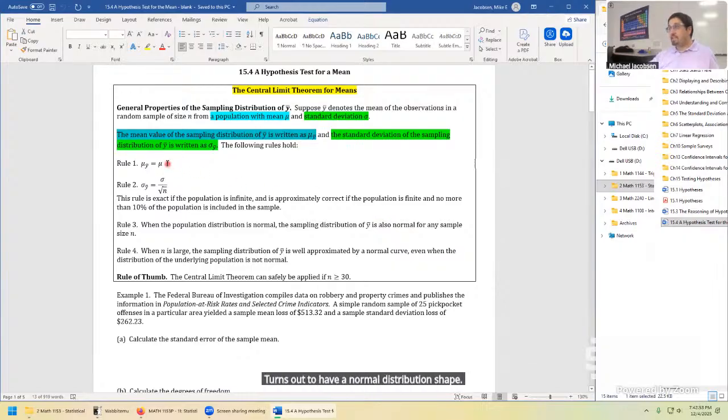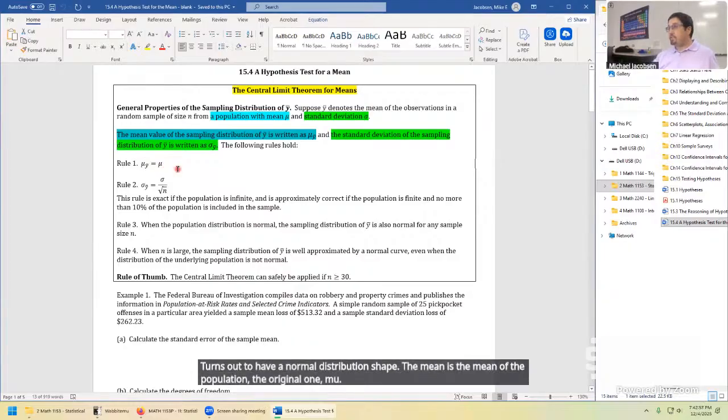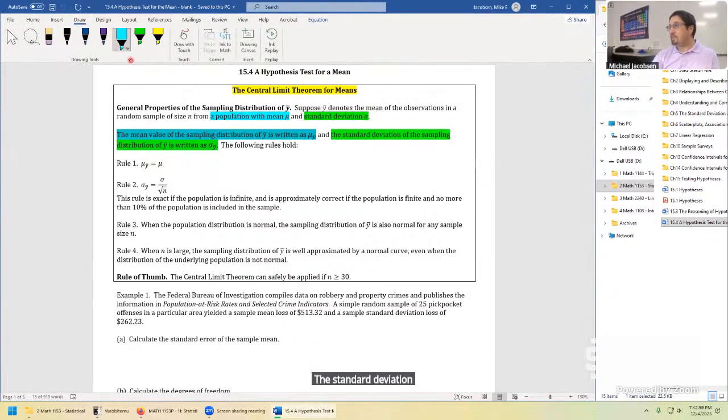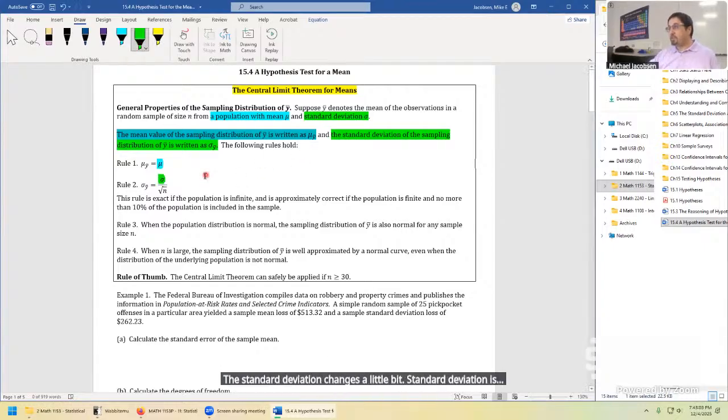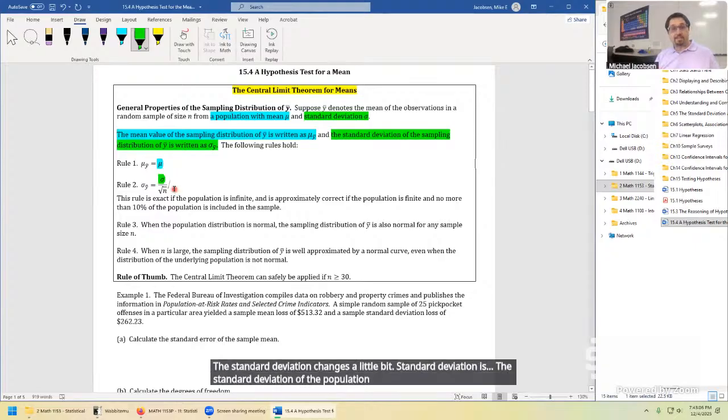The mean is the mean of the population, the original one, mu. The standard deviation changes a little bit. It is the standard deviation of the population divided by the square root of the sample size.